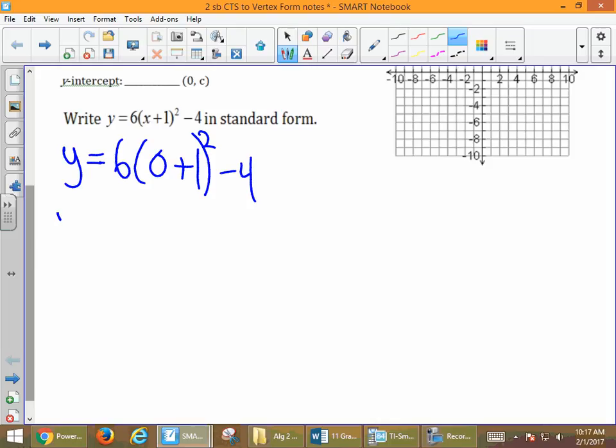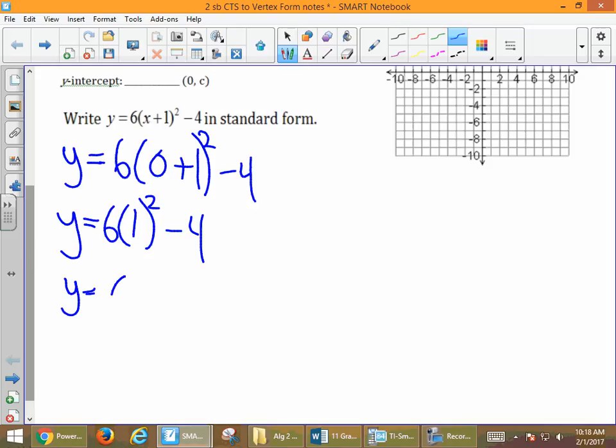And so what will 0 plus 1 give us? Just 1, because 0 plus anything is just whatever that number is. And then 1 squared is just 1 times 1, which is still 1. And then what's 6 times 1? 6.